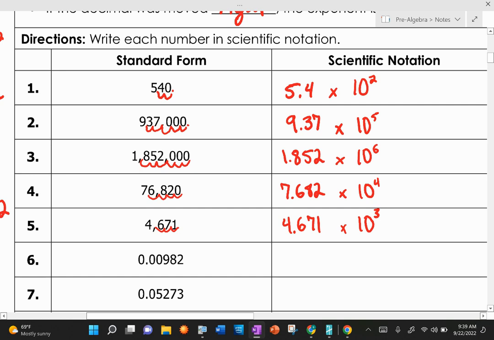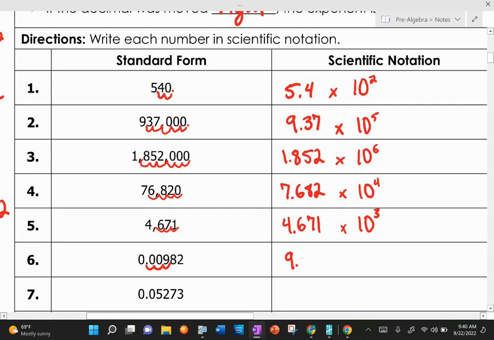So, number 6. What's different about number 6? Yeah, so now we've got a really, really small number. Alex, this is kind of what you were asking about. On this one, now we have to move to the right. We're going to move to the right until we pass that first number greater than 0, right? So we're going to go 1, 2, 3.